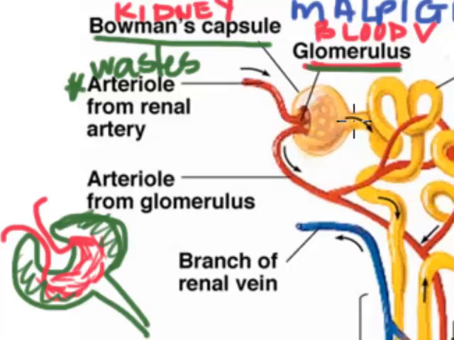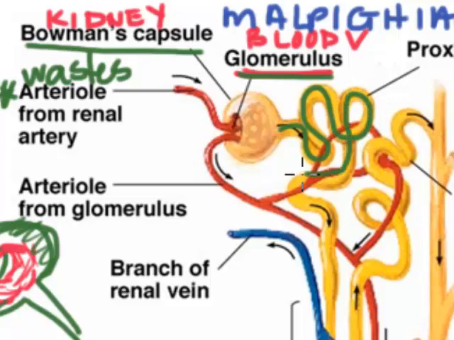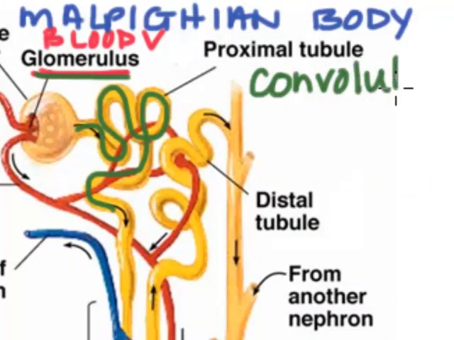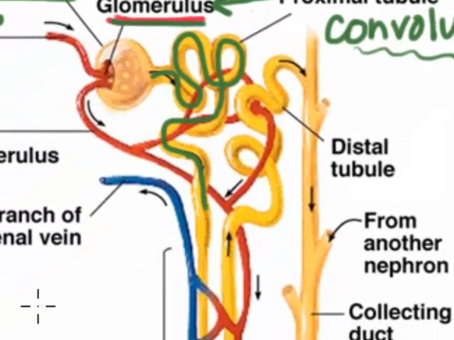Now, the kidney tube itself, the nephron tube, as it leaves the Bowman's capsule, is thrown into folds or convolutions. The proximal convoluted tubule means the tubule that is highly folded, and proximal means closest to, and it's closest to the glomerulus or the Bowman's capsule.